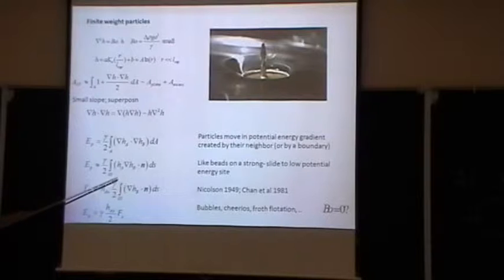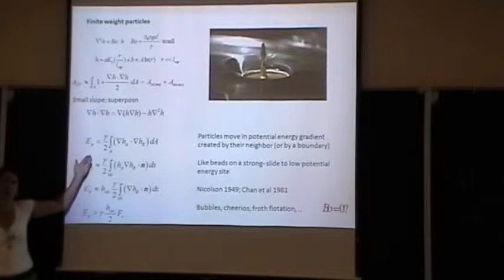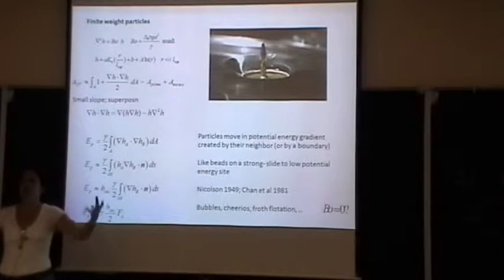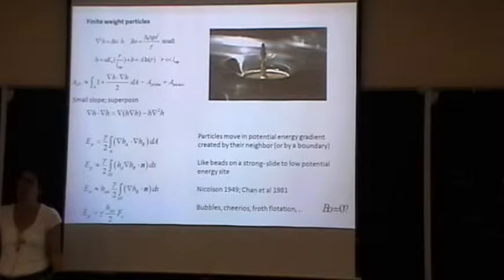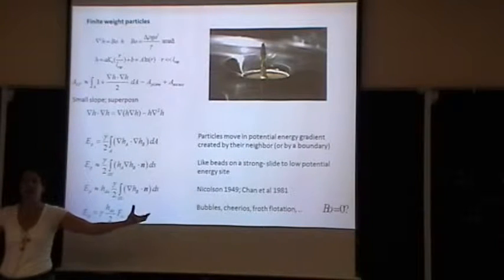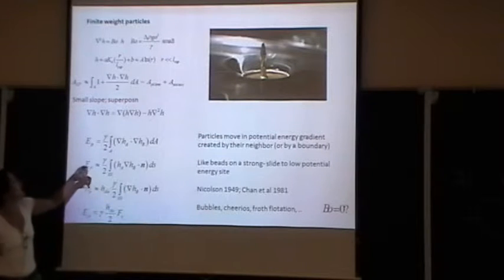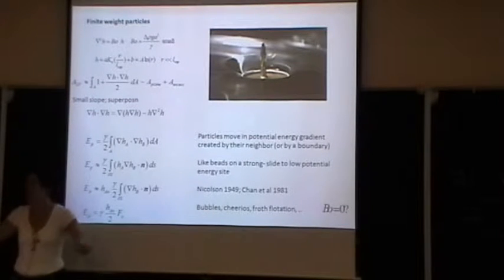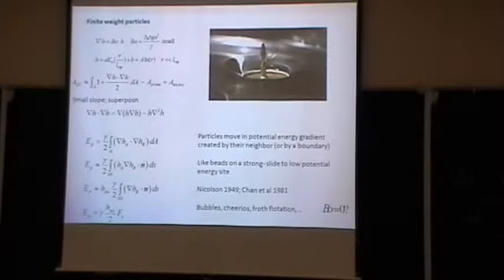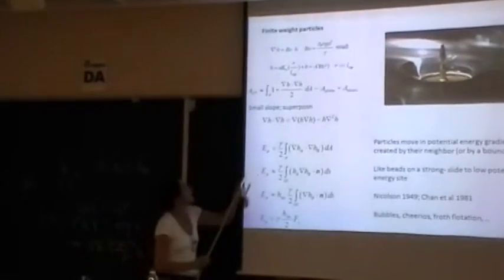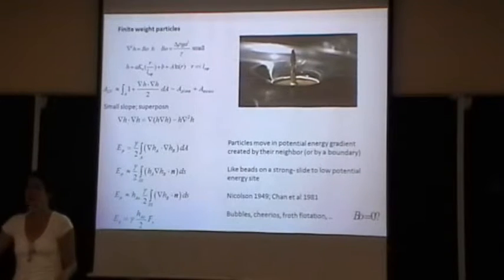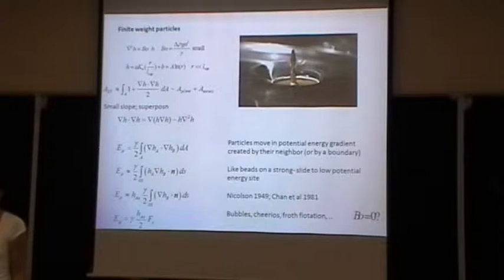And so we get the energy associated with the particles. Suppose I have particle A and particle B. Or suppose I have particle A and an external meniscus, the same argument ends up holding. Then if I have two entities interacting in the surface, and I'm going to use a superposition idea, then if I look at the grad h dot grad h, I'll have terms that are grad h_A dot grad h_A, not interesting to me right now.